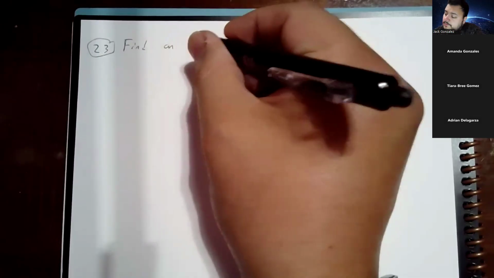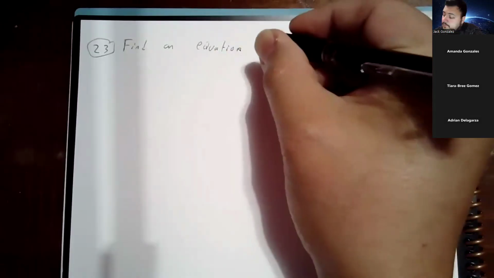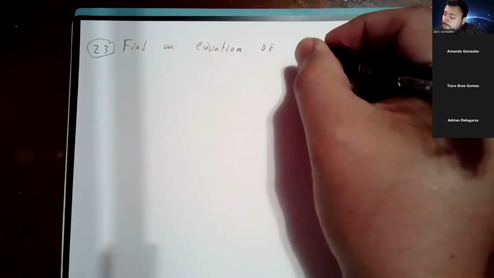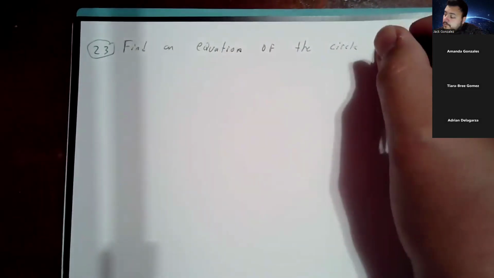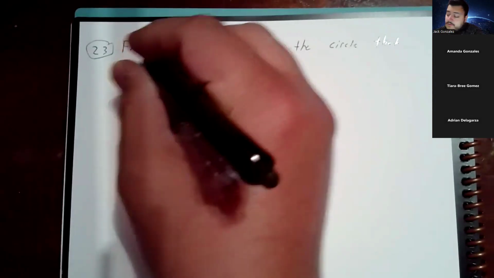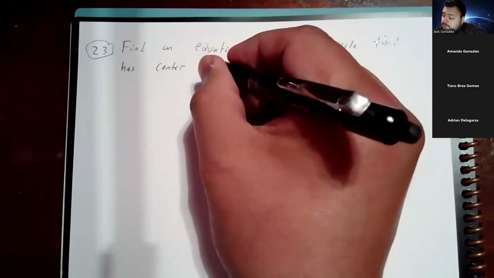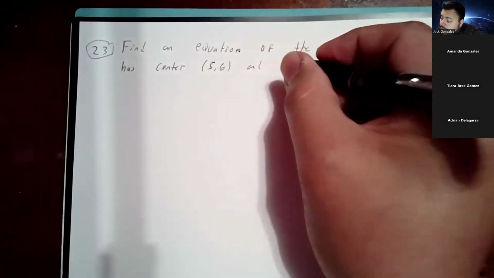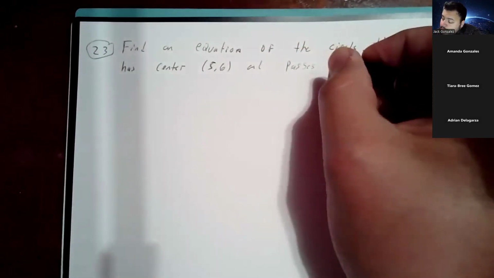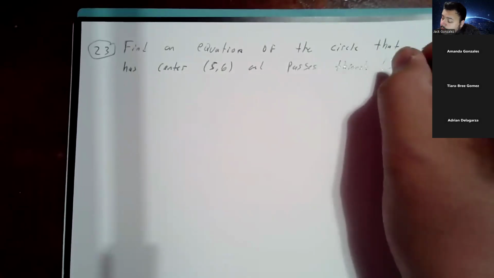Find an equation of the circle that has center (5, 6) and passes through (6, -1).